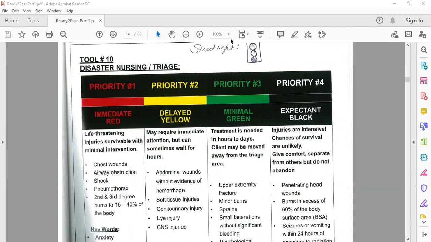I want to give you some examples here. Like in this picture, you can see priority number 1, life-threatening injuries, survivable with minimal intervention. The patient's condition is so bad, but when you give them a little help, they survive.